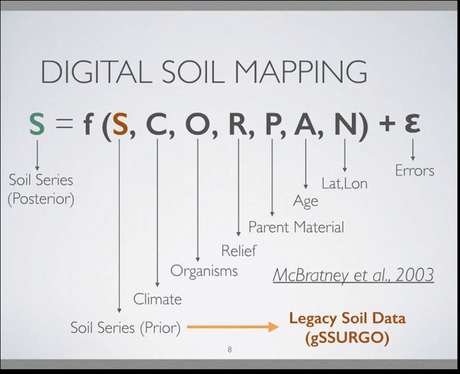That can include climate, it can include organisms, and by organisms we could talk about human development, animals, vegetation, etc. Relief has to do with topography, and parent material is related to your geology. And then the A is the age of that material. And finally, N stands for the latitude and longitude, so effectively the position of where your soil is at. And given it's a model, we account for the fact that it has errors involved with it. So using this general framework, we can think about using legacy soil data and covariates to then figure out a better soil product.